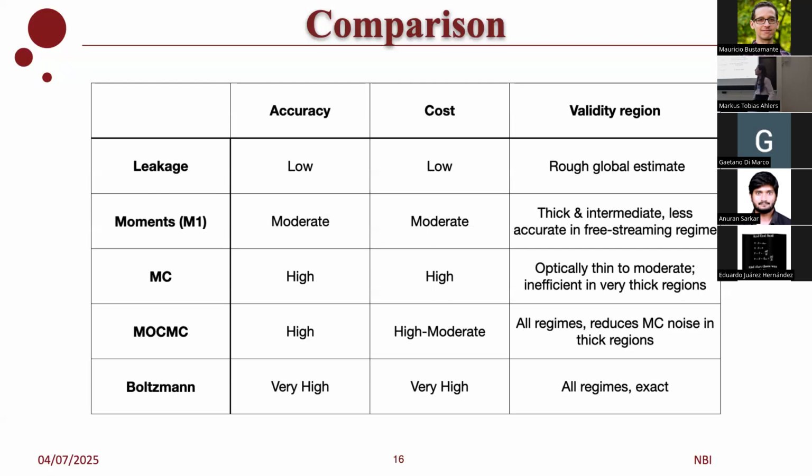Yeah, for example, when you use the moments method or the leakage, you lose all your angular information, right? Then there are some methods that try to recover this angular information that we thought we had lost, for example for the moments method, but that's also not uniquely defined.